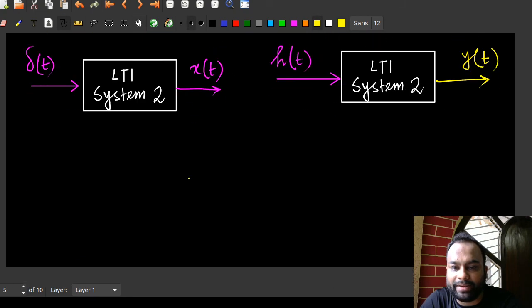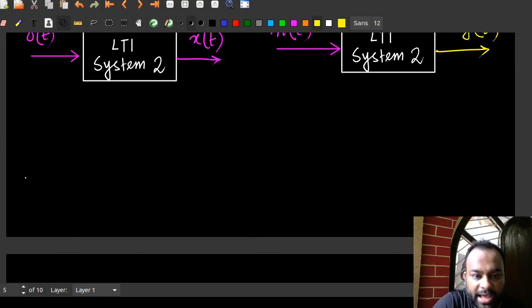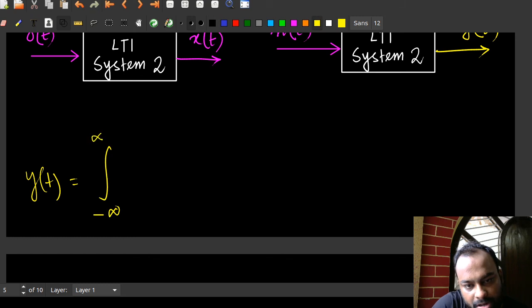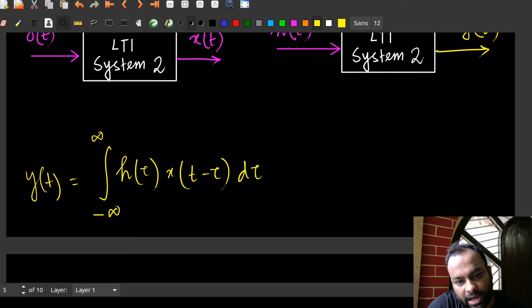So with that said, the expression for convolution, which is y(t) equal to this integral d tau. Try to understand: when tau is less than 0, this signal is 0 for a causal system.